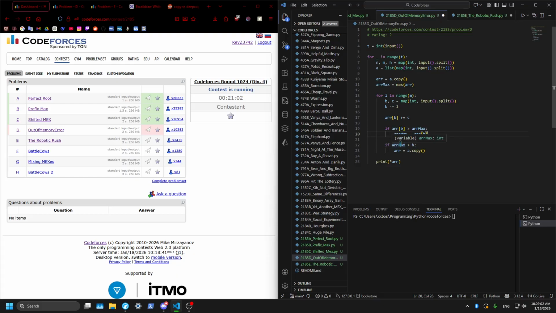If R max is greater than H, then we make a copy. So now we're not calling max every time in the loop, we're just setting a variable.